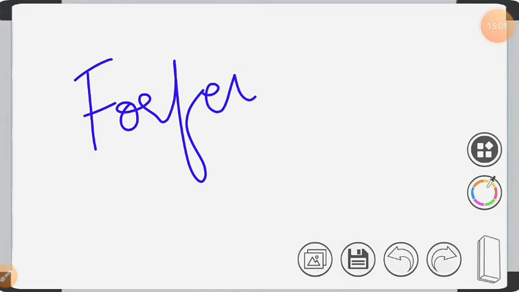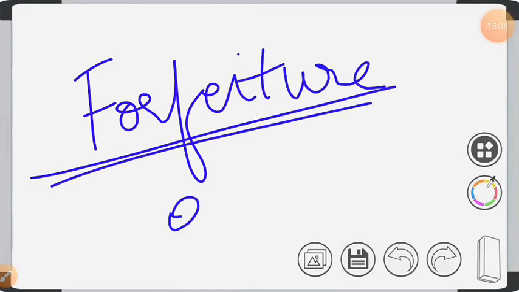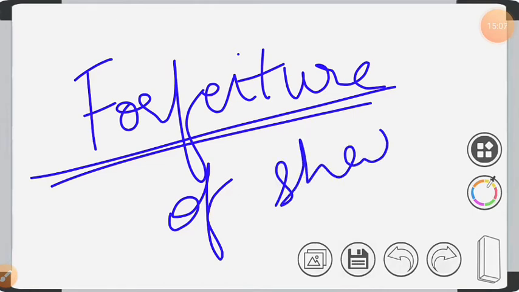Such taking away of property is called forfeiture of shares. This is the meaning of forfeiture of shares.